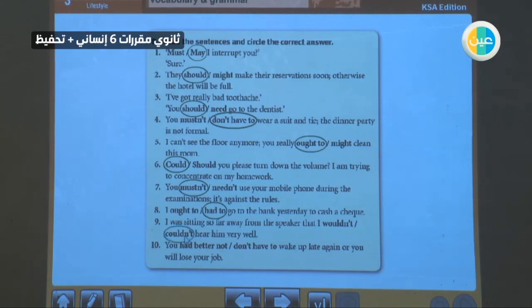I was so far, so I couldn't. You will not be able to: ability. You had better not or don't have to wake up late again or you will lose your job. So here he is giving his advice or opinion, but it is a strong one. So we will go with had better not.